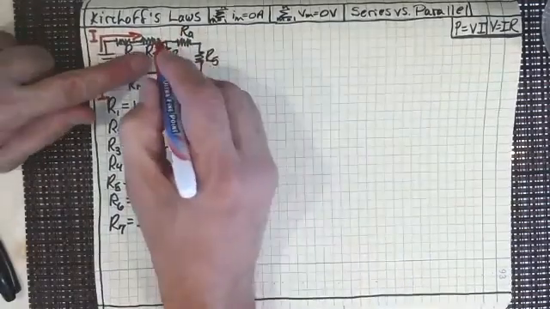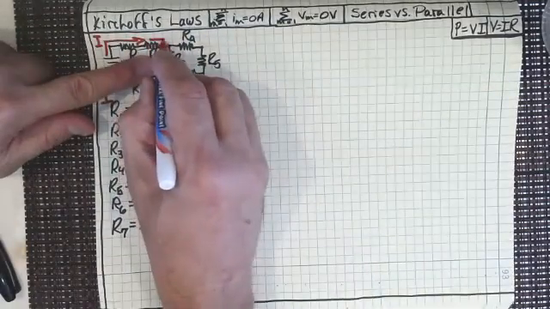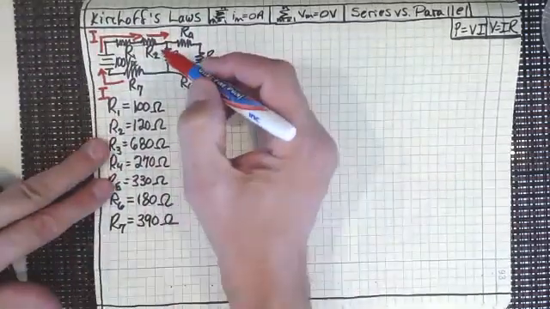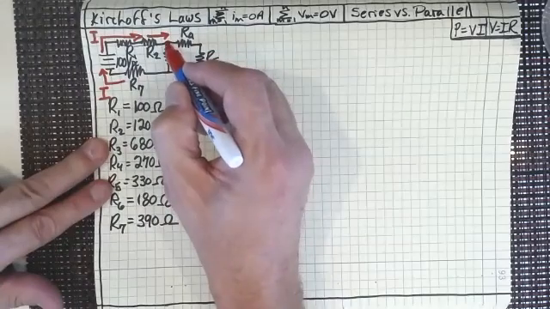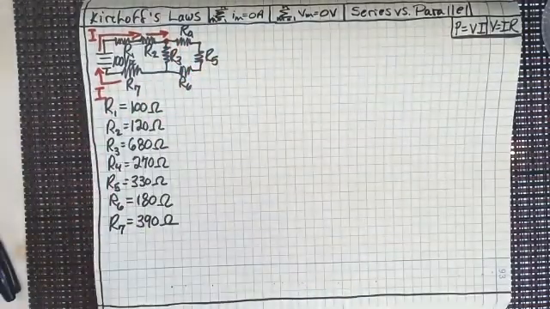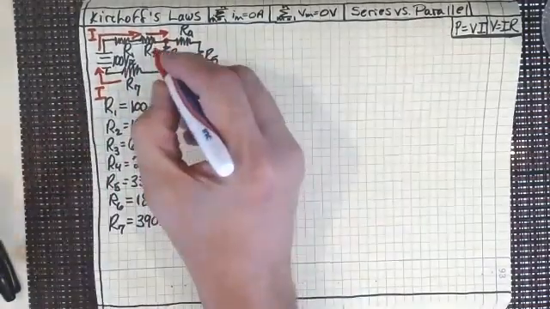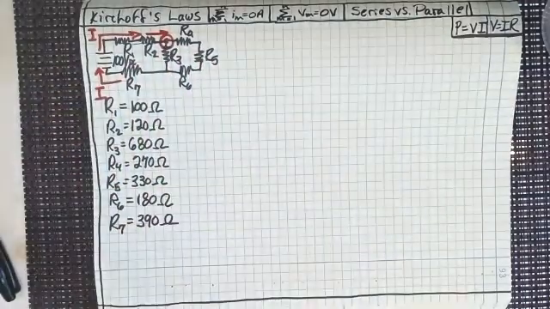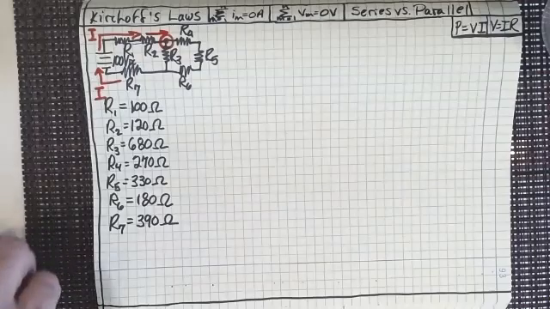But what happens right here? What happens right at this spot? Right at that node? Let's actually put a little circle around it. What happens at that node, that bullseye that we've got right there?